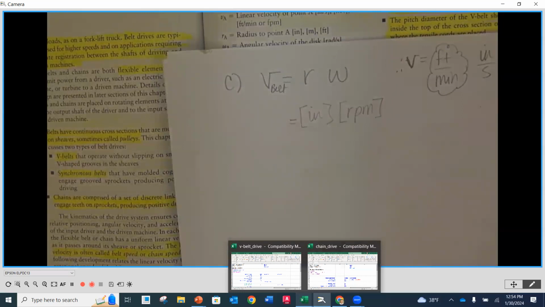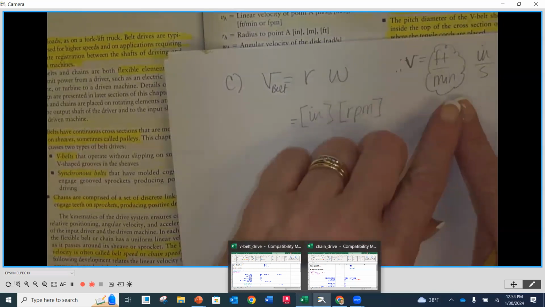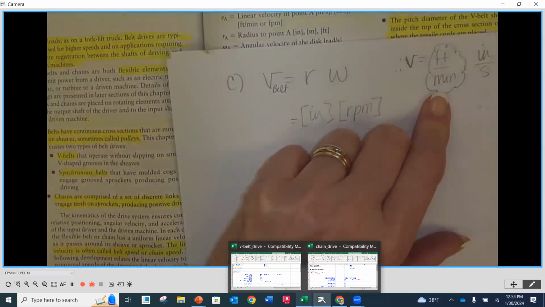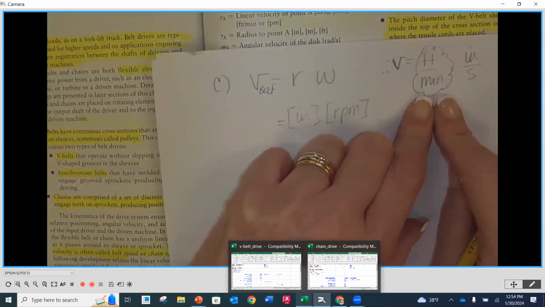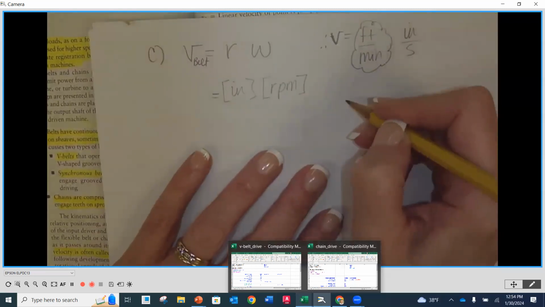Now, the first one we're going to do is our W. We want to get our W in. In the past, in kinematics, we would always go to radians per second, right? But we want to end up with our velocity in feet per minute. So we're not going to put that into radians per second. We're going to go to radians per minute. Let's do that conversion off on the side here.